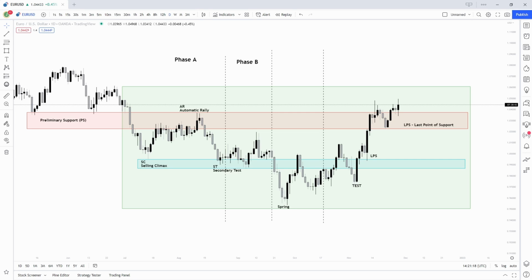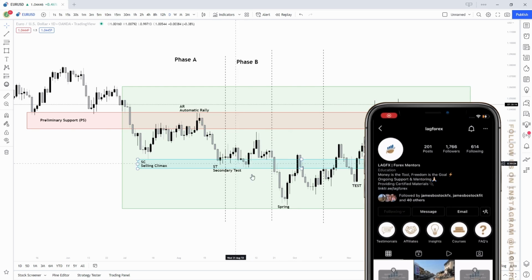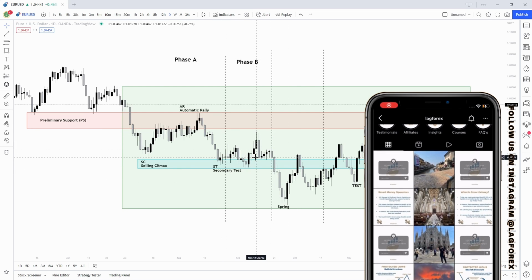Once they know that all supply has definitely been absorbed, they will begin manipulating the market and loading up finally on the remaining positions and shares they would like to accumulate before the uptrend begins. We can identify phase C through the creation of the spring. The purpose here is that we've tested in this region using the secondary tests.